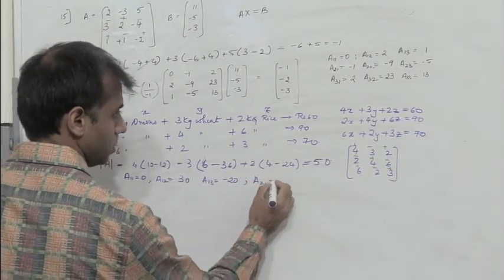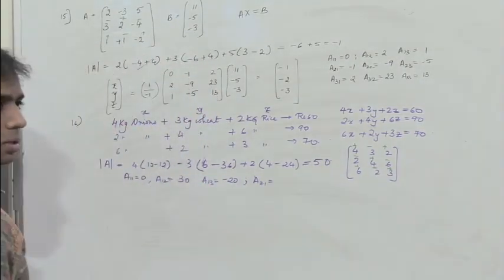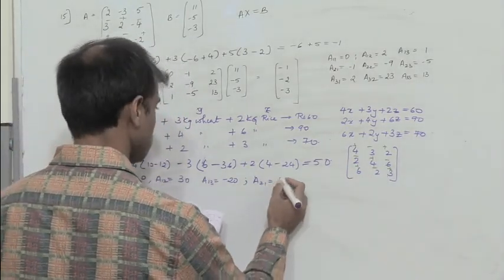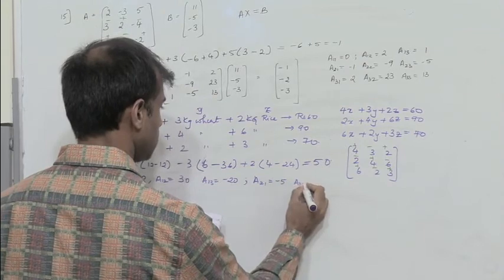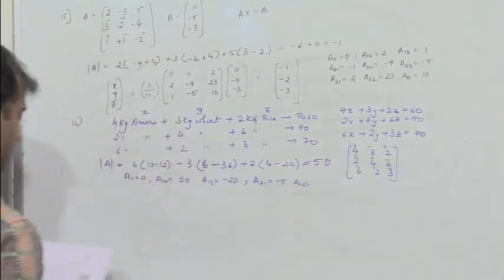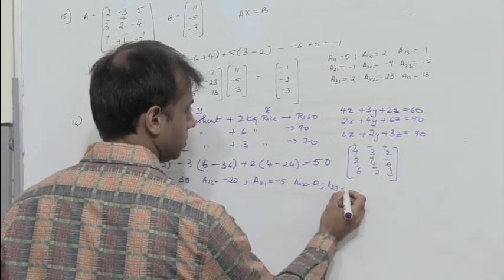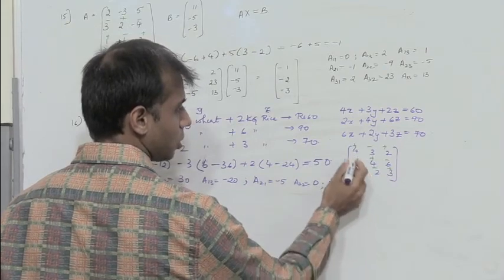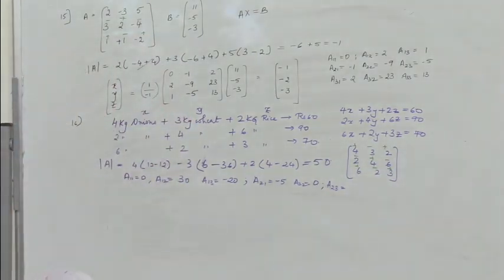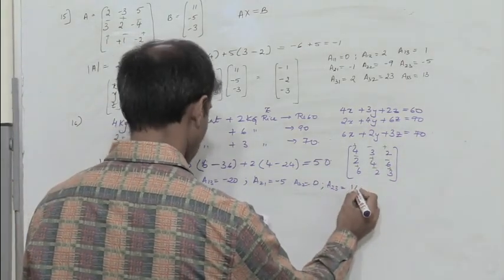Next, A21 is 3 minus 4. So 3 into 3 is 9 minus 4, which is 5, so with a minus sign. Next, A22. A22 is 4 into 3 is 12 minus 12, which is 0. Next, A23. So the second row in the third column, 4 into 2 is 8 minus 18, which gives us minus 10 with a negative sign, so we get 10 here.